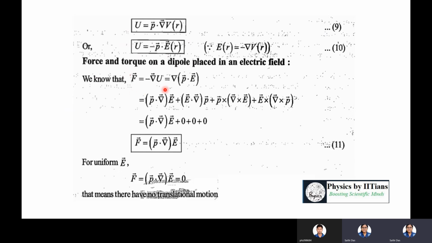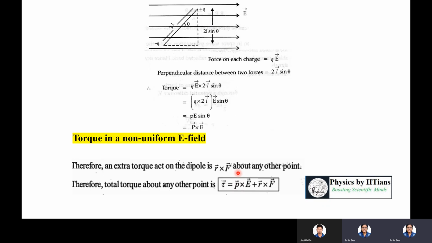What will be the force and torque on a dipole if it is placed in an external field? So force equals minus grad of U. Okay. So the force on the dipole is P dot grad of E. And if E is uniform, then F equals P dot grad of E, which is 0. So this means there is no translational motion, because the force in a uniform electric field is 0.